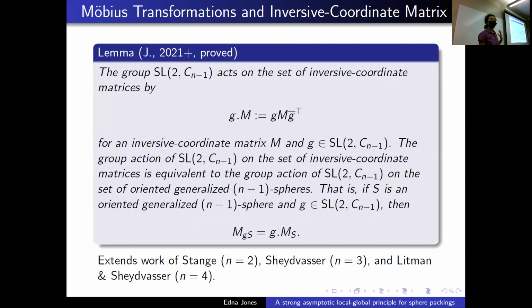Here SL2 of C n minus 1 is representing a Mobius transformation.